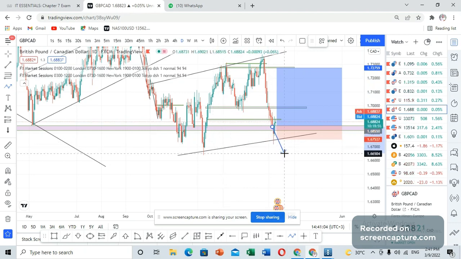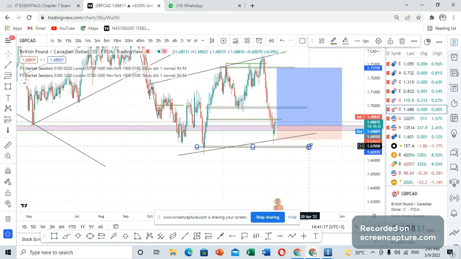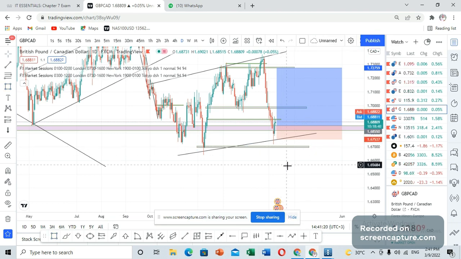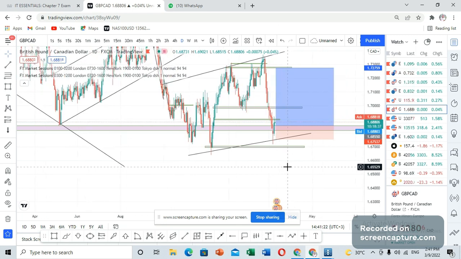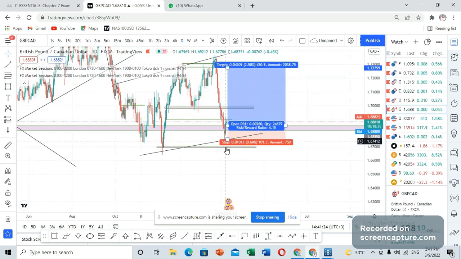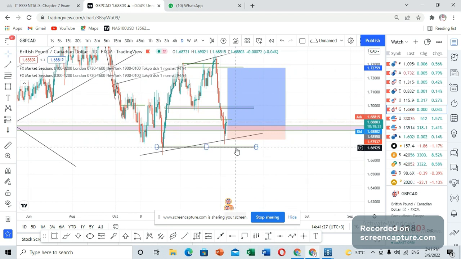If the market will be able to break below these particular levels that are here, then it will be a clear sign that the markets are surely ready to move towards the downside, and we will be expecting, if they break below this particular point of support, a downward movement to continue forming towards the downside.